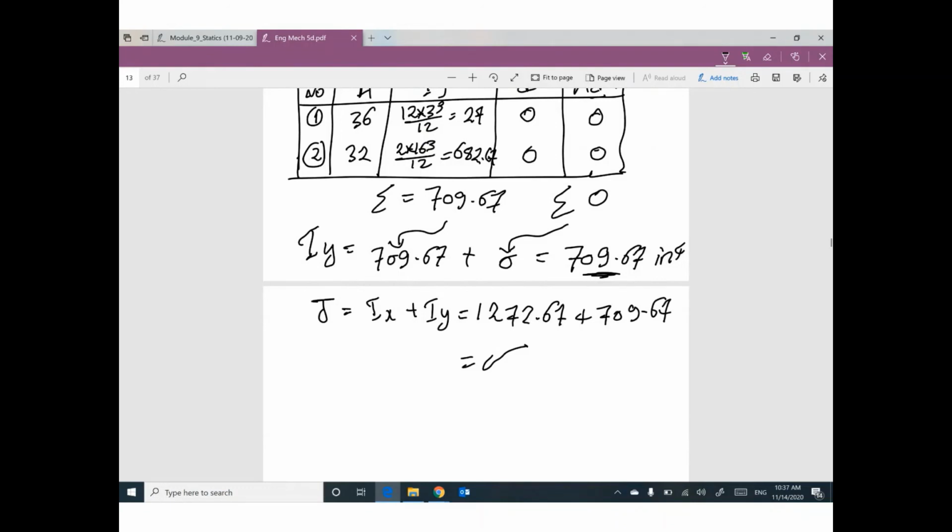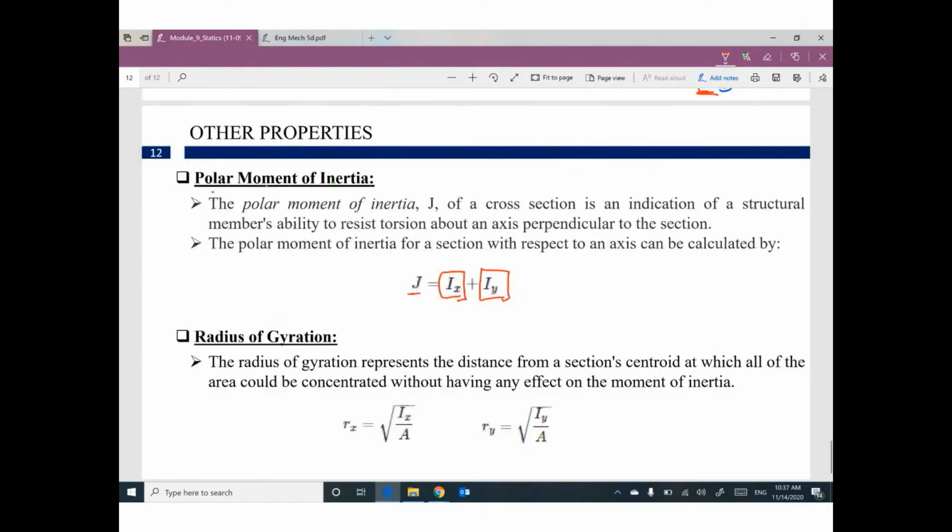Piece of cake. So the polar moment of inertia is another property, used to check the effect of torsion. Okay? Effect of torsion. And the value of the polar moment of inertia equals the value of Ix plus the value of Iy. We have another property called radius of gyration to figure out the effect of buckling.